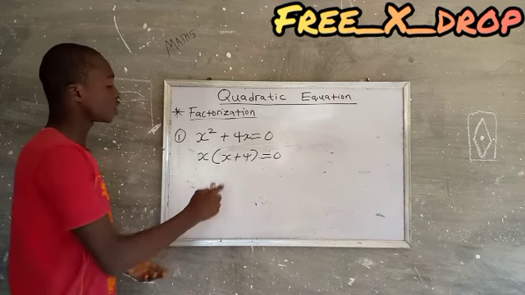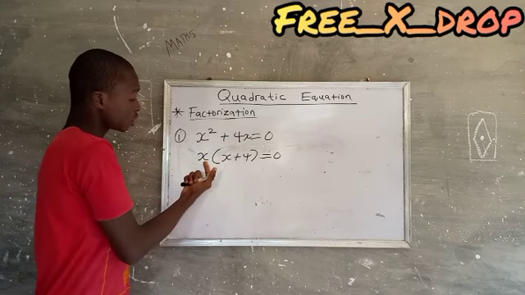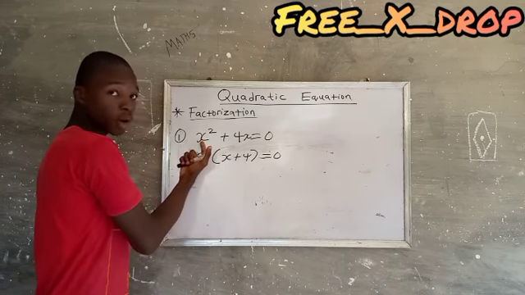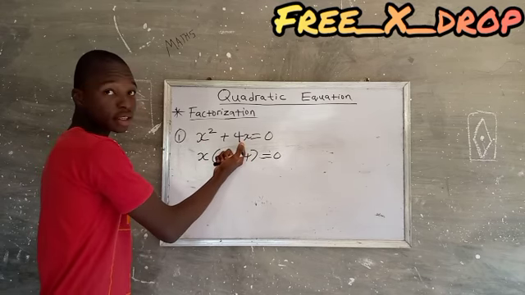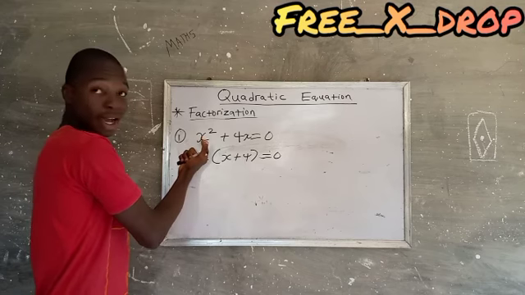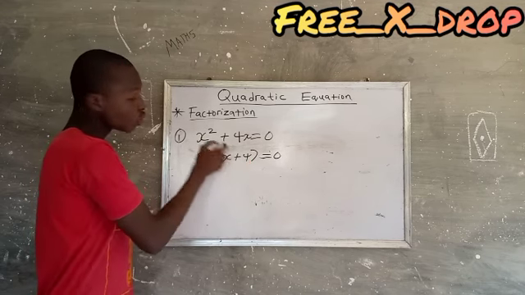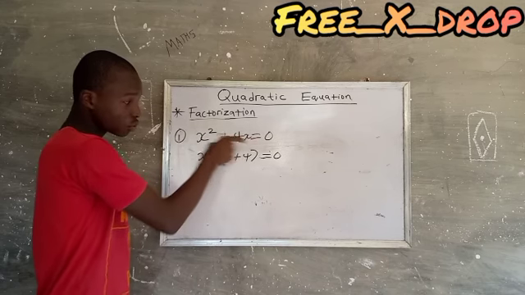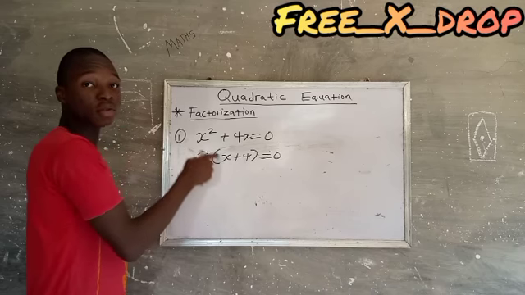Now you see that we have successfully factorized this expression, because x times x is x squared, plus x times 4 is 4x. x divided by x squared is x, and divided by 4x is 4. What can divide both of these expressions, that is what we bring out. That is how to factorize.